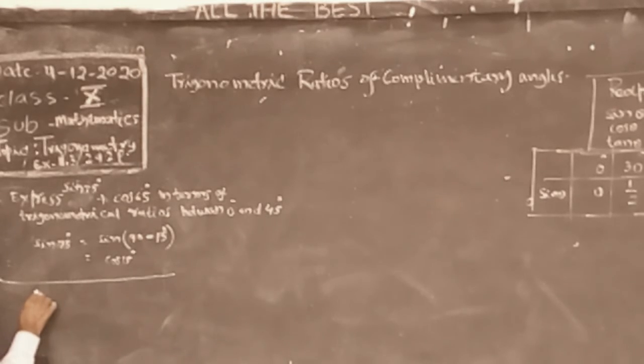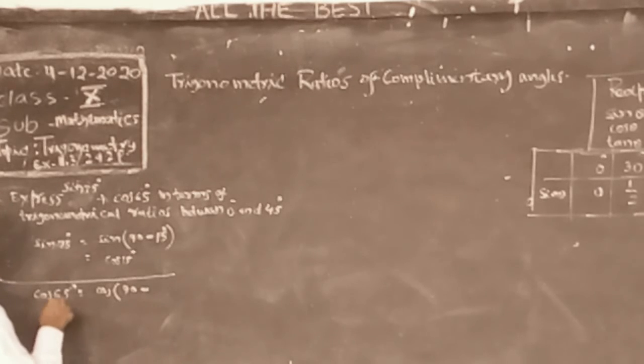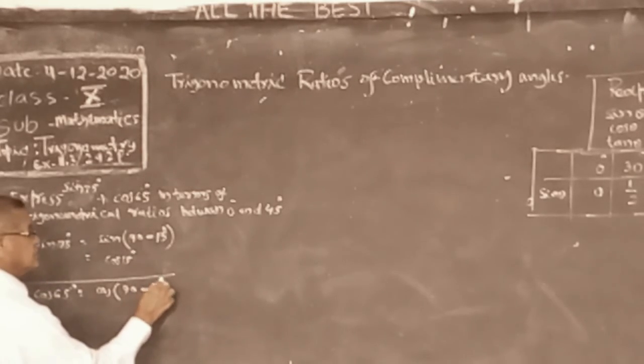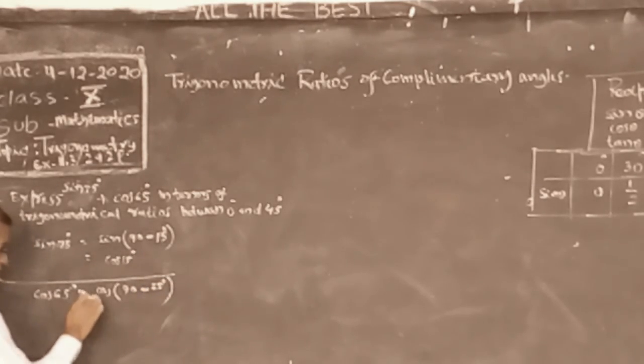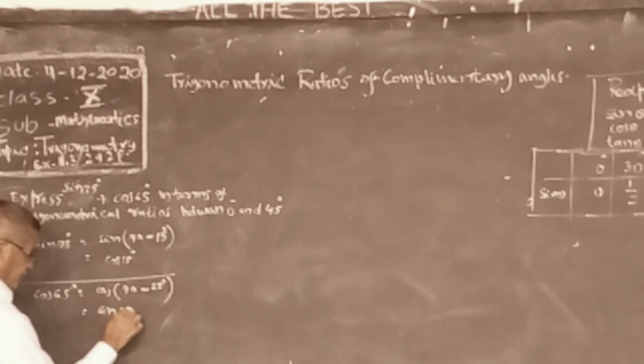Next, cos 65 can be written as cos (90 minus 25). Cos (90 minus theta) is sin theta, so this is sin 25 degrees.